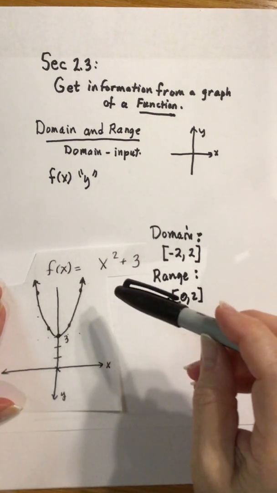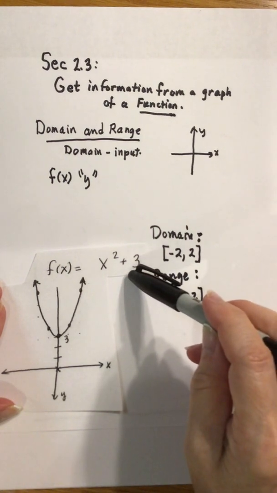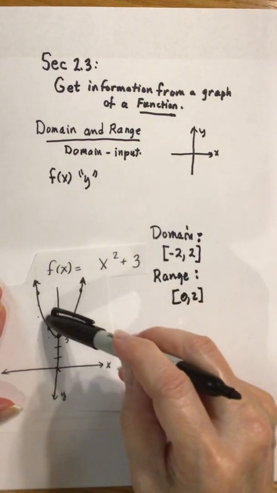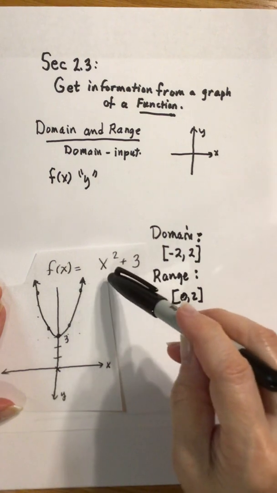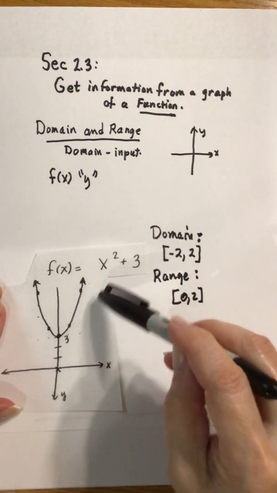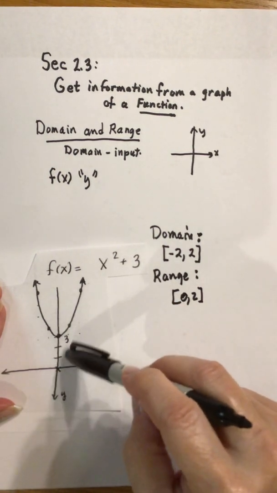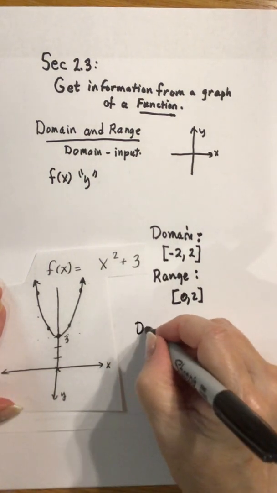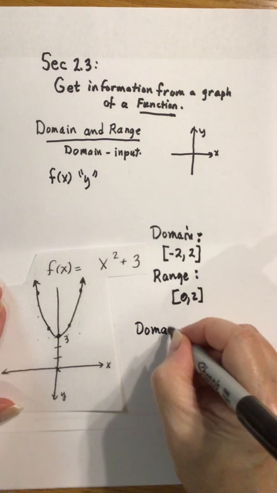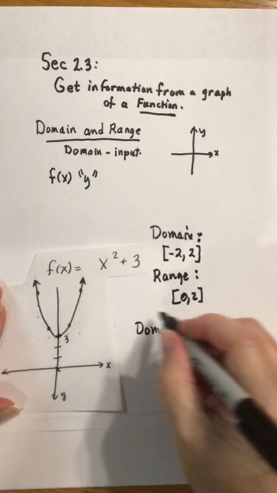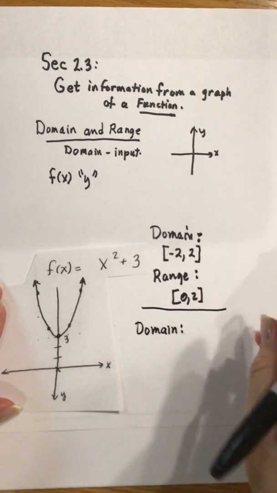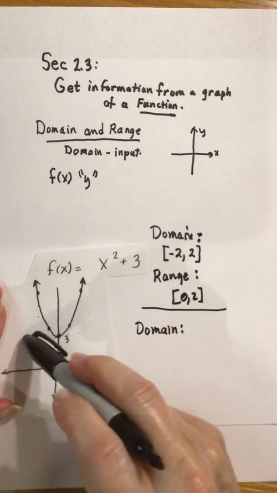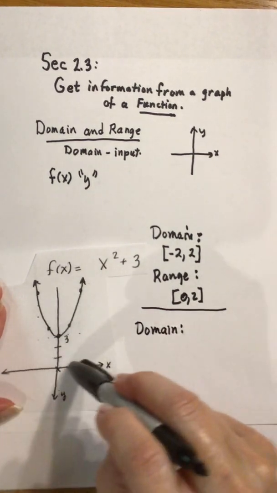Later we're going to learn more about transformations, but this +3 on the outside actually moved the parabola up, right? Because when we graphed y equals x squared, it started down here at 0, 0 and did that same curve. So my domain this time is going to be considered to be from the x-axis again.